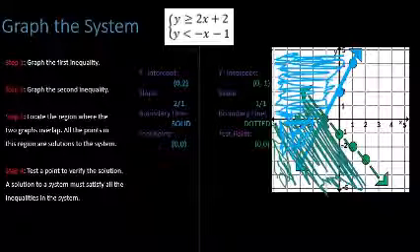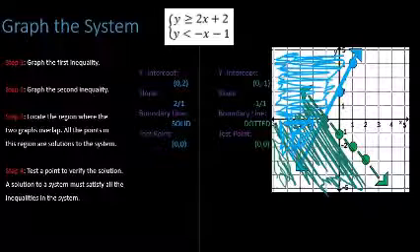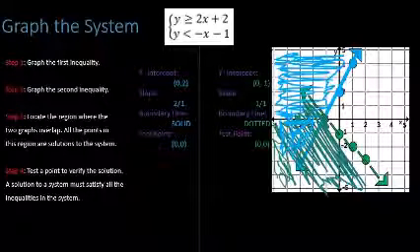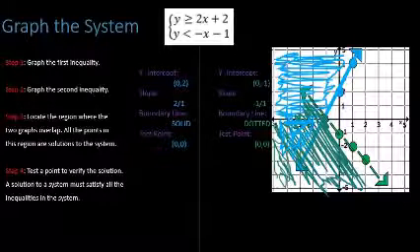Now notice on the coordinate plane, we did it twice. We graphed both inequalities. We shaded them both in, and as you can see, the two colors that overlap are the set of points that are a solution to both inequalities. Isn't that amazing?